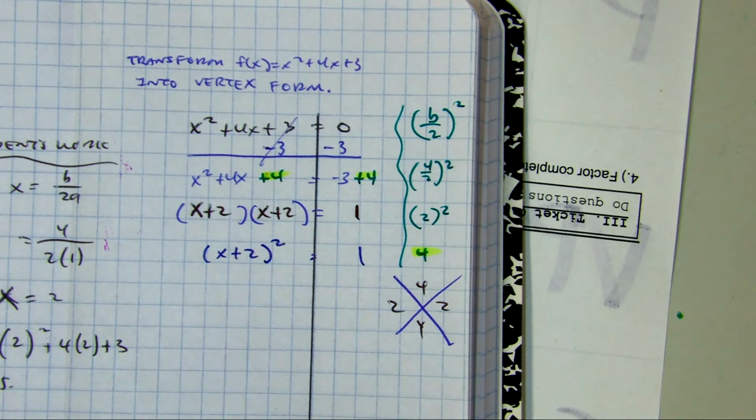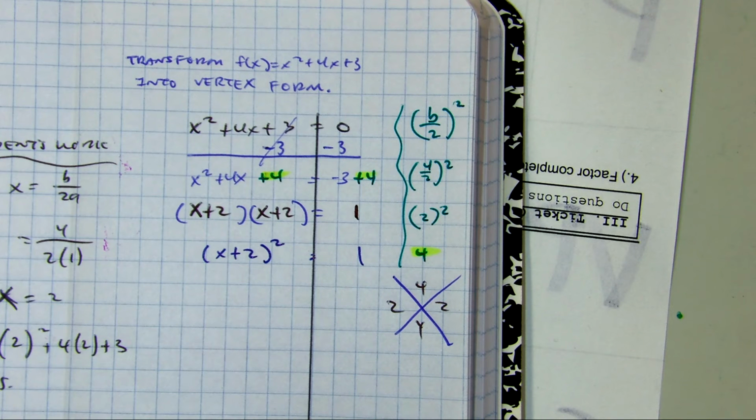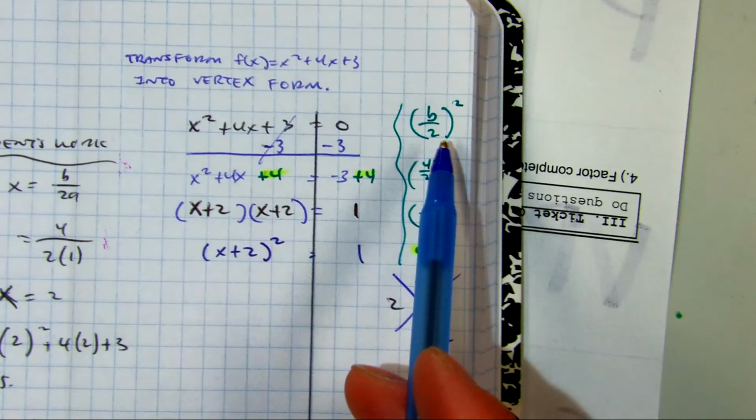Amy, what do we do next? So we just added b over 2 squared to both sides.